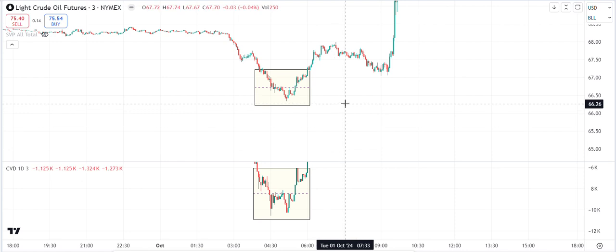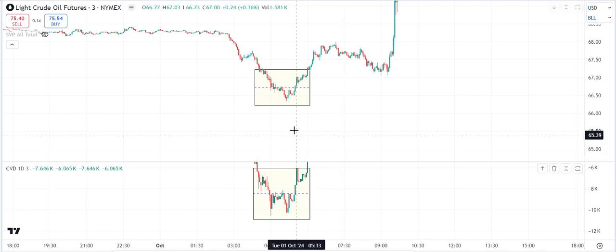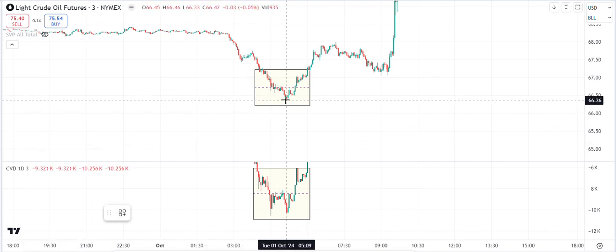Okay, so if we're looking for bullish absorption, we want to see higher lows in price and lower lows on the CVD. But if you're looking for exhaustion, which was this day, we're going to see it now.